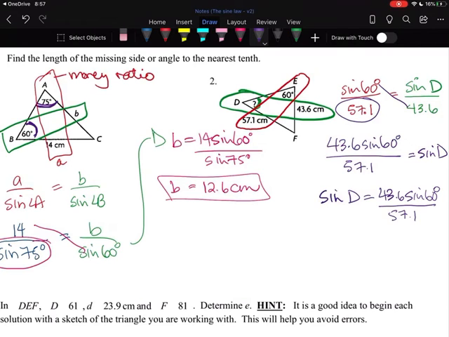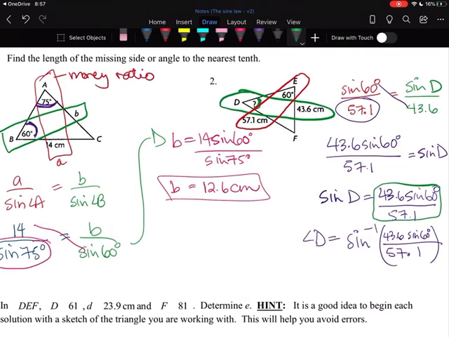Whatever you calculate that to be is just going to be your ratio, your sine of angle D. So in order to find angle D, I'm going to have to take the inverse sine of this whole entire thing. You can throw it into your calculator exactly how I'm writing it out, or you can calculate this first.